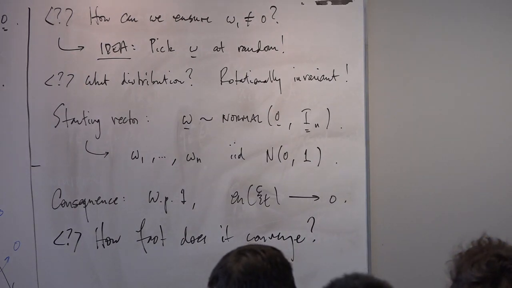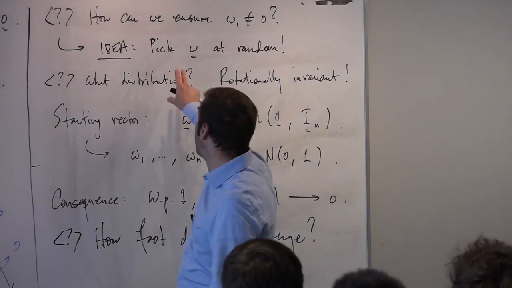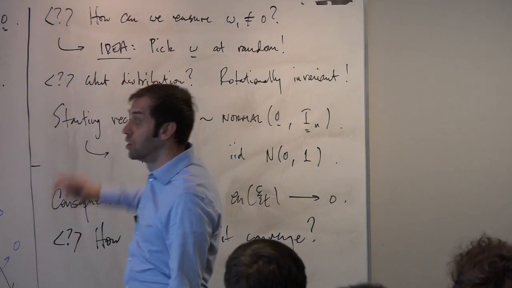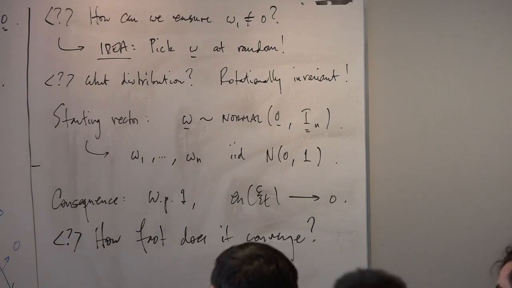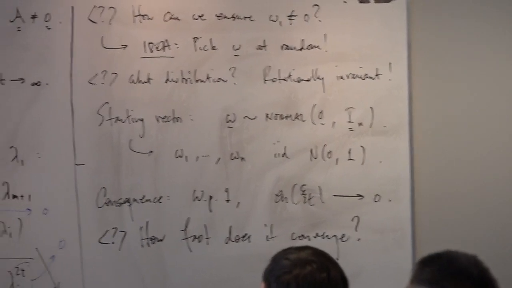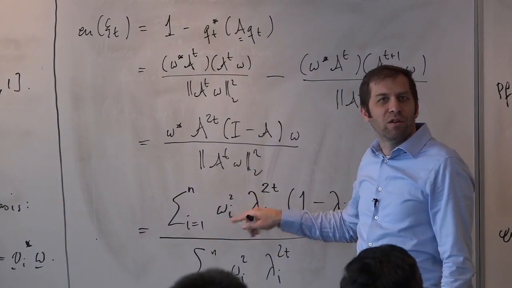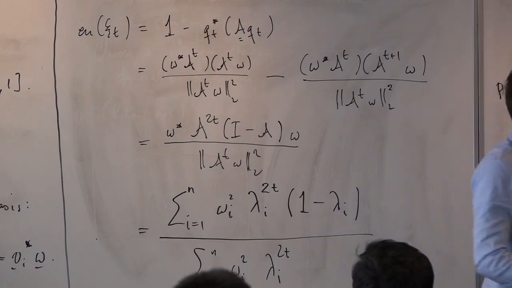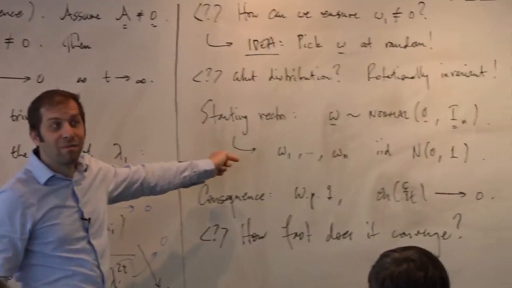And we're going to talk about some results in this direction, which really heavily exploit the distribution of omega. And the key fact is that when you look at this formula for the error, typically, how big is omega I squared? Well, the variance is 1, the mean 0.